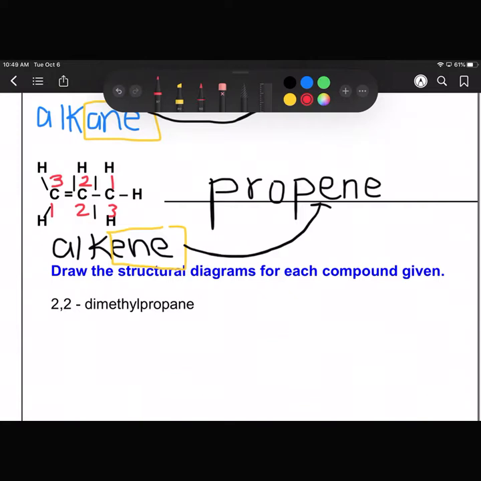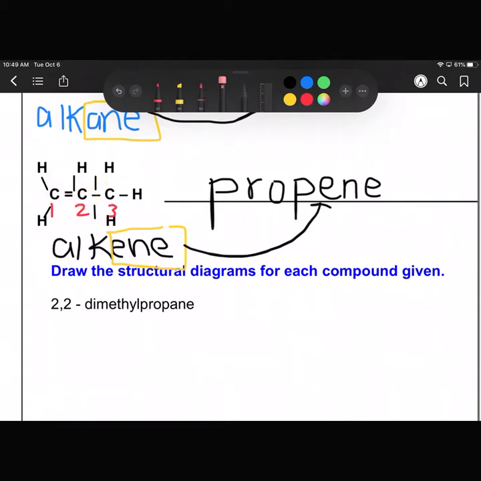Because this double bond is between these two, if we count left to right, that double bond is connected to the first carbon, number 1. If we count the other way, then it's connected at the 2, because we always use the lower number. So we need to find the lowest number, which is going to be 1.